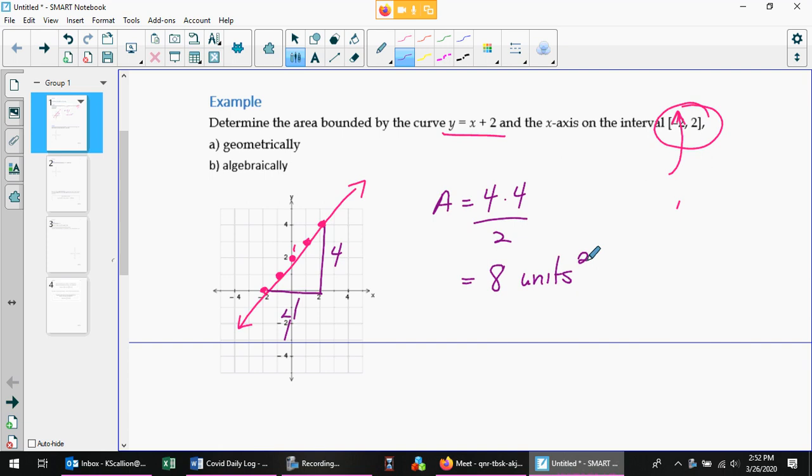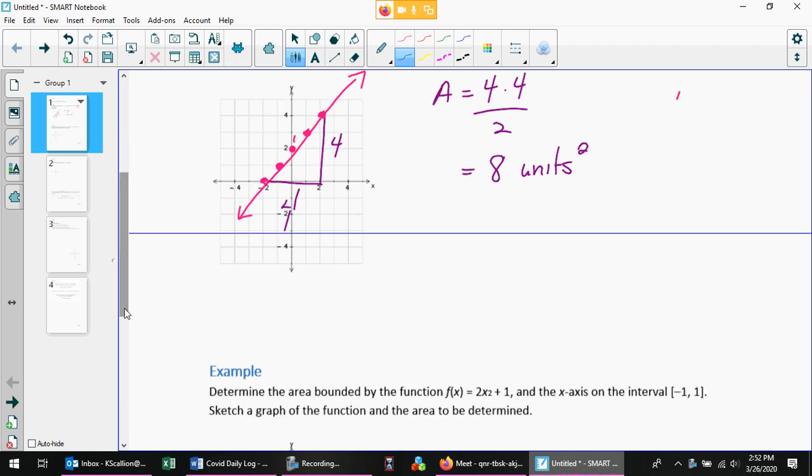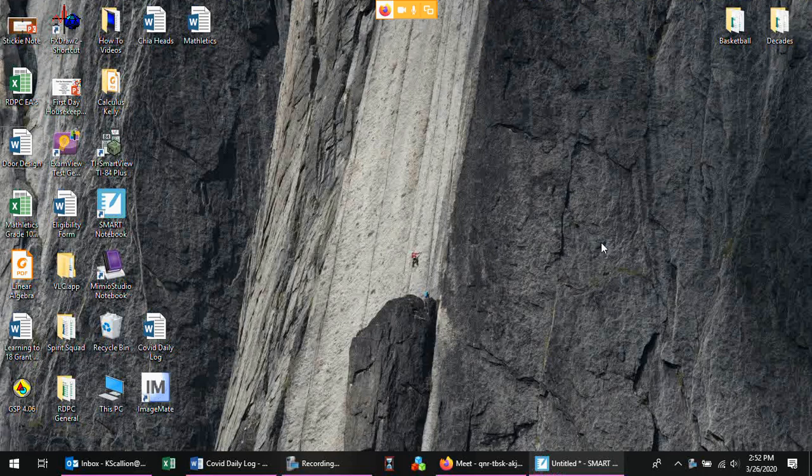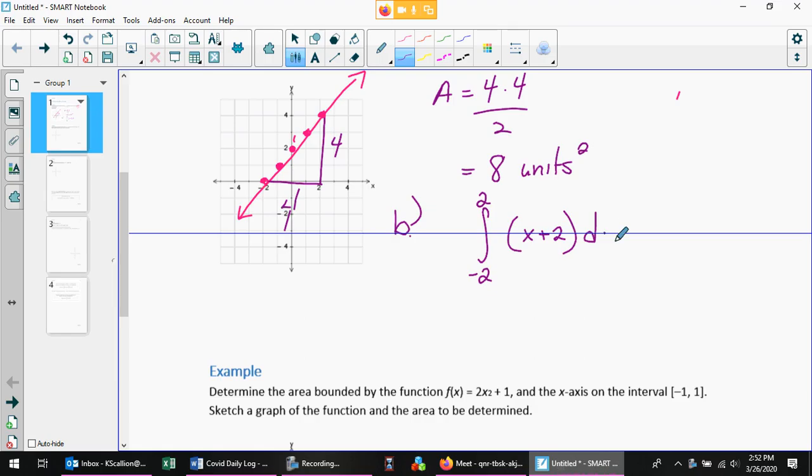Okay, now part B says solve it algebraically. So algebraically is going to be using the integral. So part B, we're using the integral symbol. Upper limit is +2, lower limit is -2. My function is x plus 2, and we derive it with respect to x.